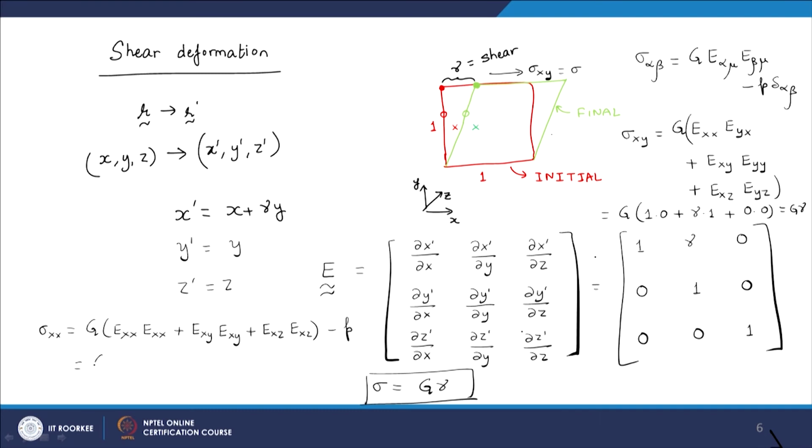So, this will be equal to g, Exx is 1 dotted with 1, Exy is gamma dotted with gamma, Exz is 0 dotted with 0, minus p. So, this gives me g of 1 plus gamma square minus p, which has to be 0 because there is no other stress. This tells me that p must be g multiplied by 1 plus gamma square.